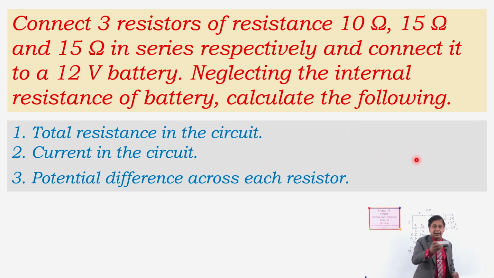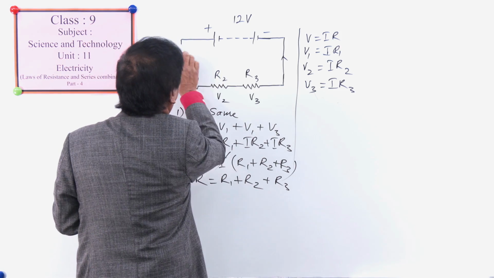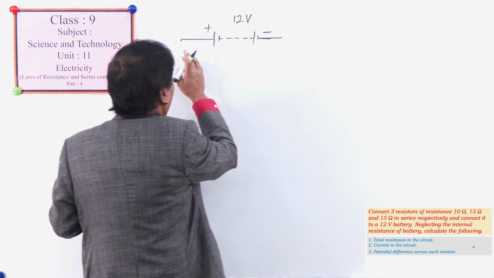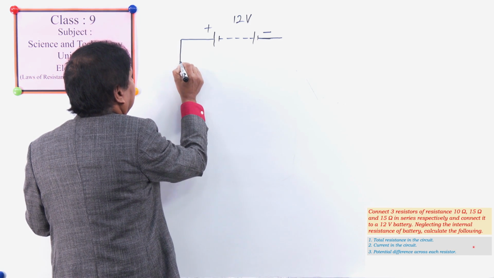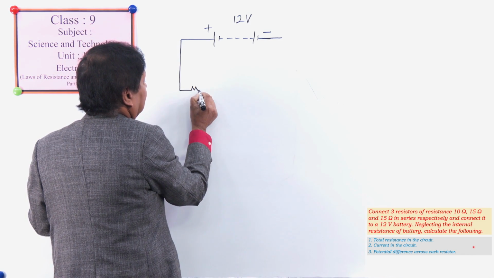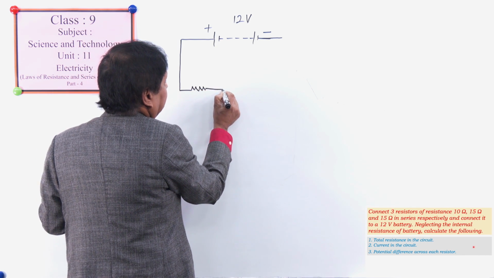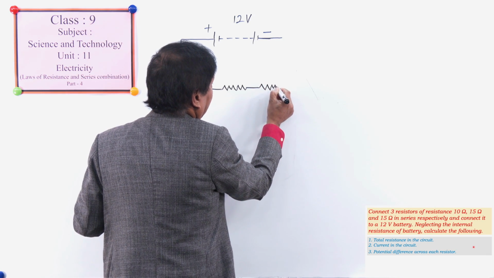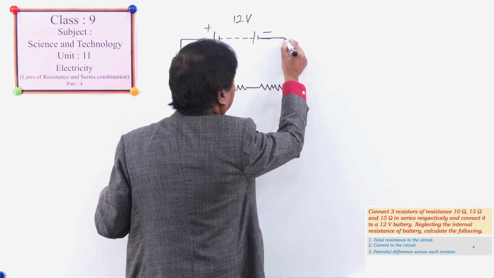First we have to write the given information. It would be better to have an electric circuit. The electric circuit is not asked in the question, but if we make the circuit, we'll be comfortable solving the numerical problem. Okay, let's do this. This is the battery, and this is connected to 3 resistors. One is of 10 ohm, another is of 15 ohm, and third one is again 15 ohm.